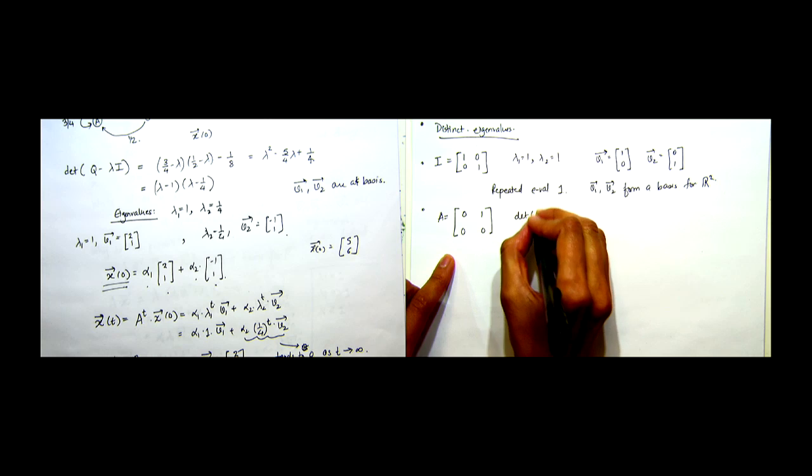Lambdas, right? So what is the determinant of A minus lambda I? Is lambda squared, exactly, right? So what are the eigenvalues for this matrix? Lambda 1 equal to 0, lambda 2 equal to 0. What is an eigenvector for this matrix corresponding to the eigenvalue 0?